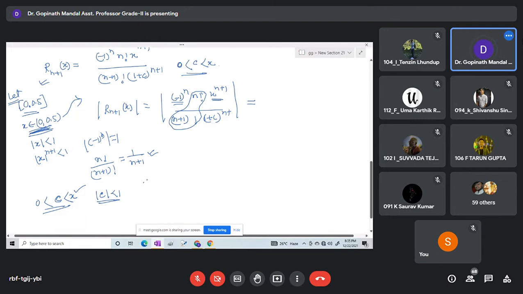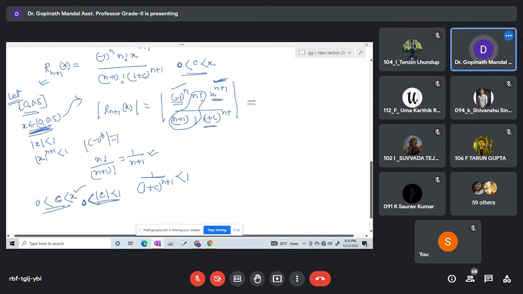For this we can write c less than 1 but greater than 0, so 1 by (1 plus c) to the power n is less than 1.